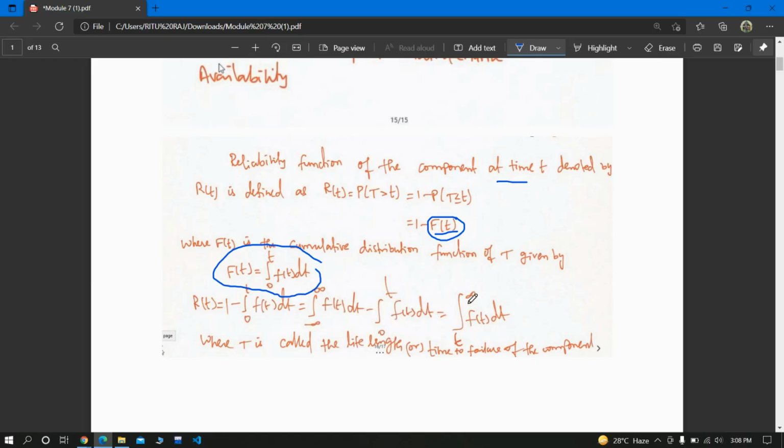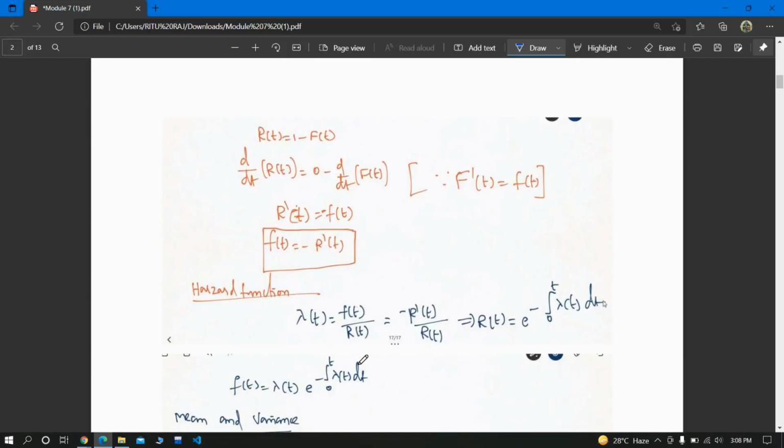That would be the integral from t to infinity of f of t dt, where capital T is called the life length or the time to failure of the component, when the component fails. So in a nutshell, R of t, the reliability at t, is equal to 1 minus capital F of t.